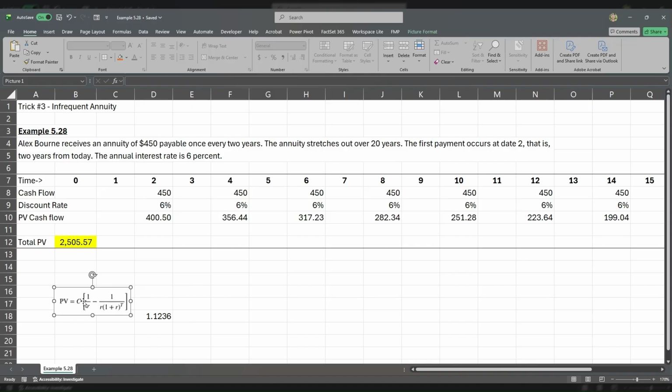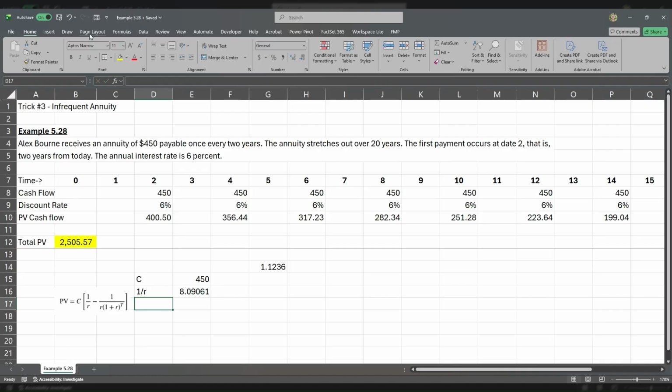So now what I can do is basically put that into my formula. So my C here, my cash flow, is 450. And I'll have 1 divided by R. So here I'll do 1 divided by 0.1236.